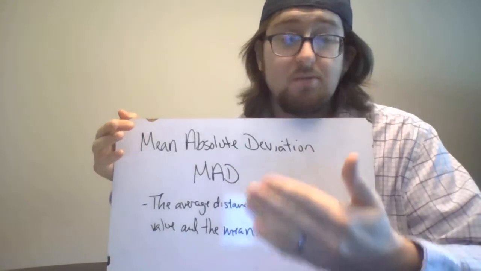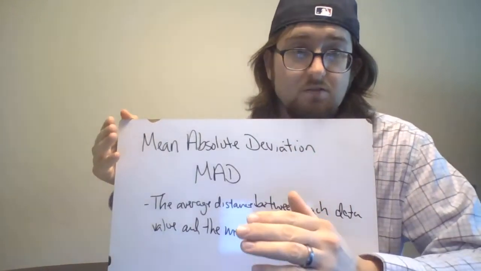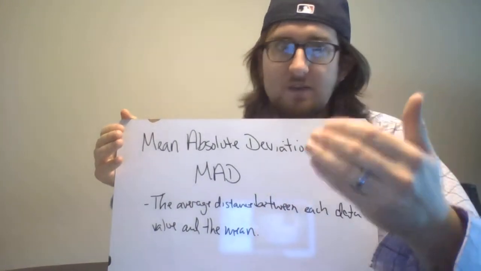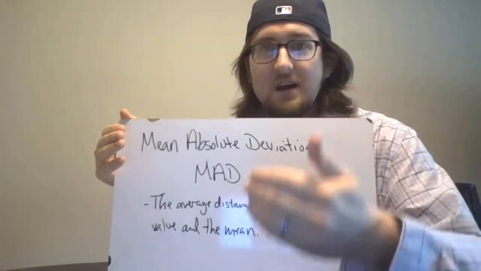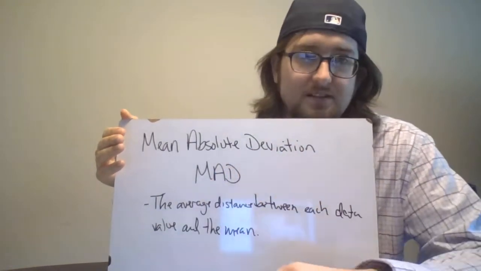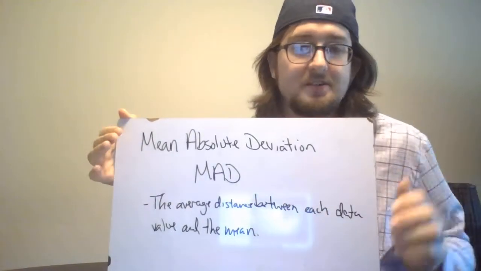Absolute probably means we're going to use an absolute value, which again, remember, is the distance a number is from 0. In other words, it's the positive form of all numbers, right? The absolute value of 5 is 5. The absolute value of -5 is 5. The absolute value of -8 is 8. The absolute value of 10 is 10. It's always the positive form. You take the negative off. And then deviation, how spread is it? How far apart is it?